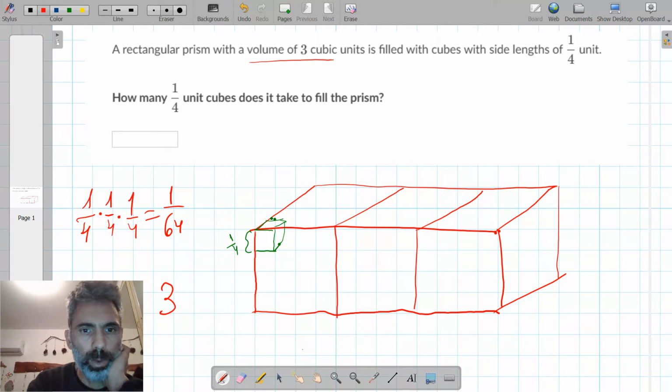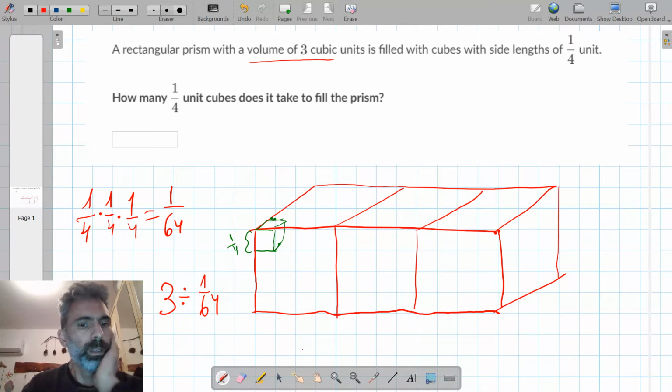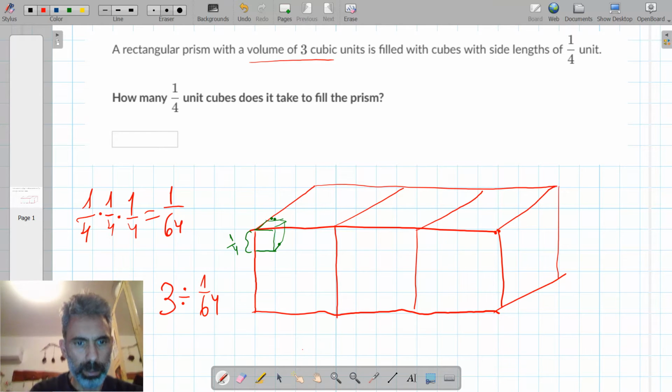So to know how many little cubes go into the big prism, we need to divide 3 by 1/64. And in order to divide by a fraction, we multiply by its reciprocal.